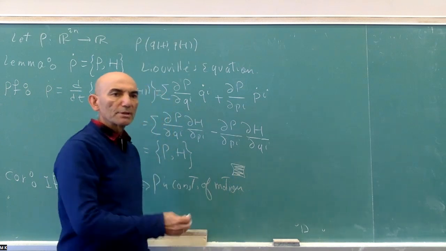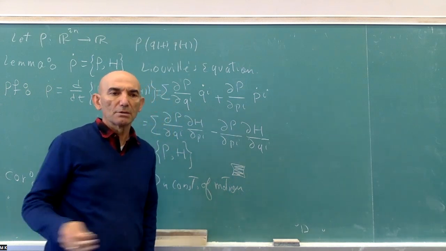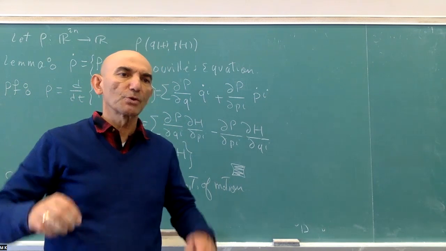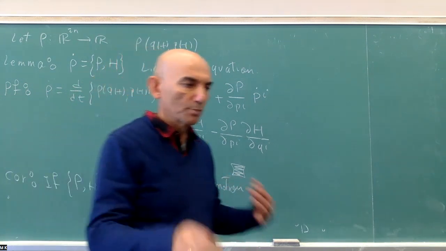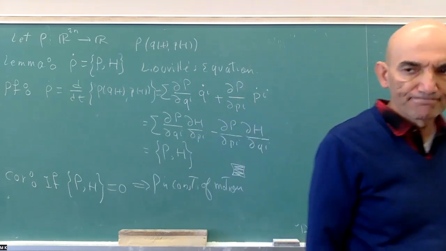And these are important quantities because we want to know as many constants of motion as possible, so that you restrict the possible places where orbits can take place. Right?